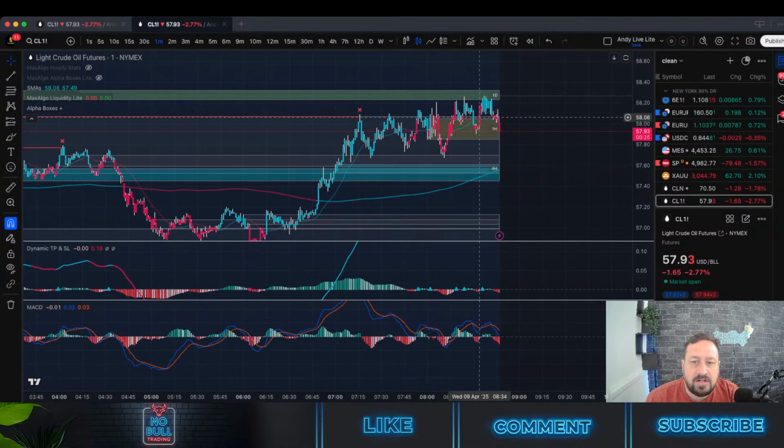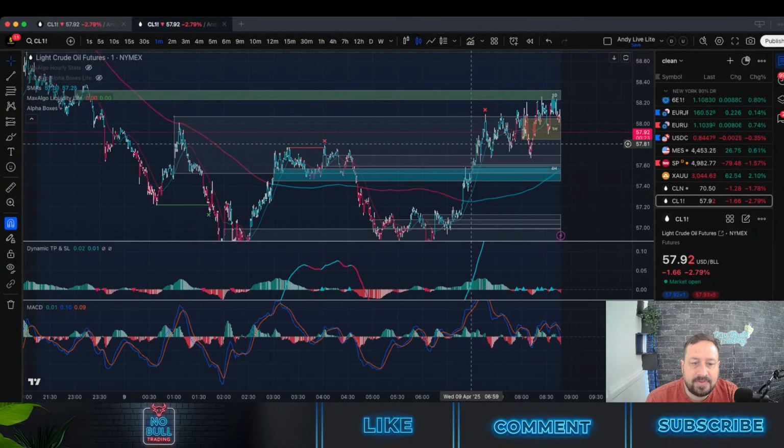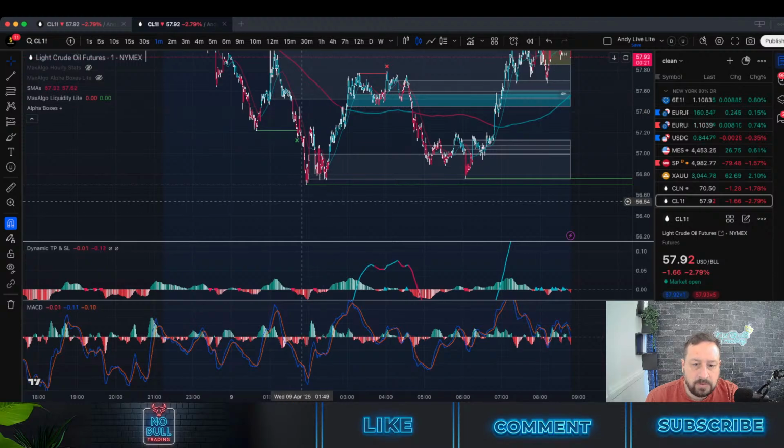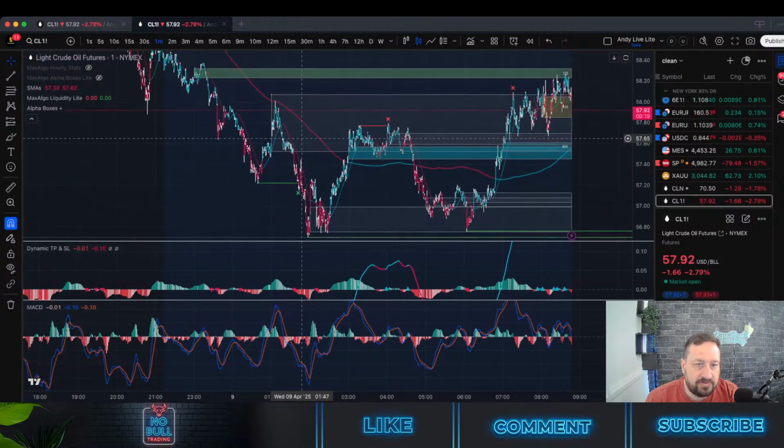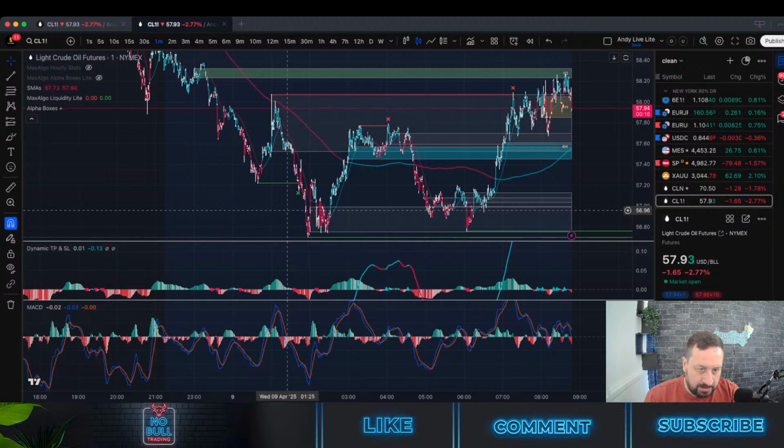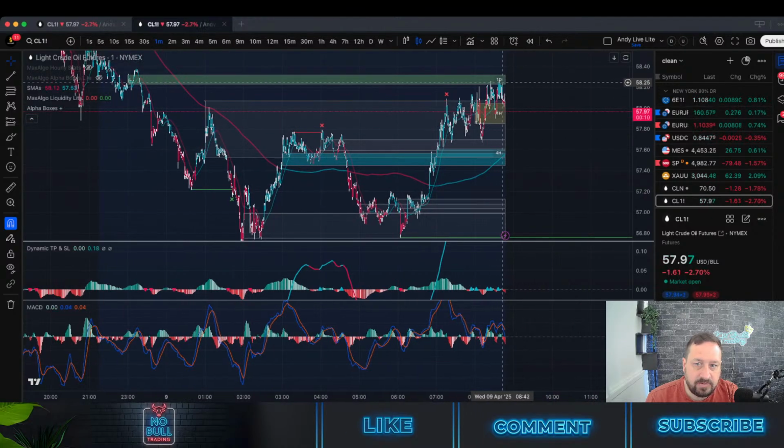Here we can see a nice rejection from the daily. We haven't taken this low yet, but for now, we have continued to take this low and stayed below the daily. This is the first time retracing to the daily, and that's our first rejection.